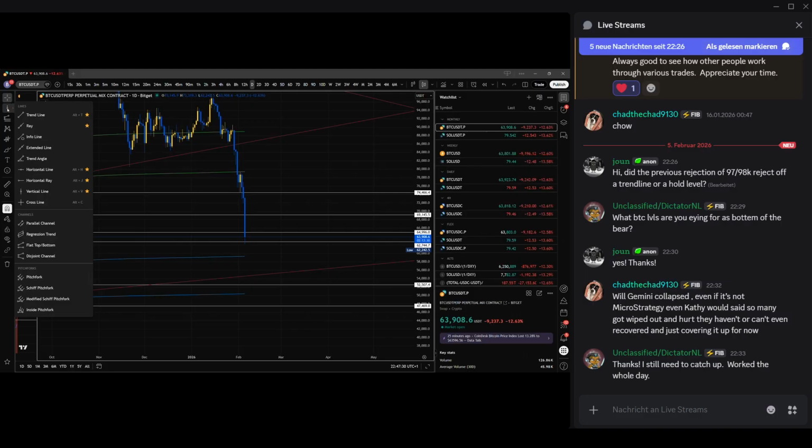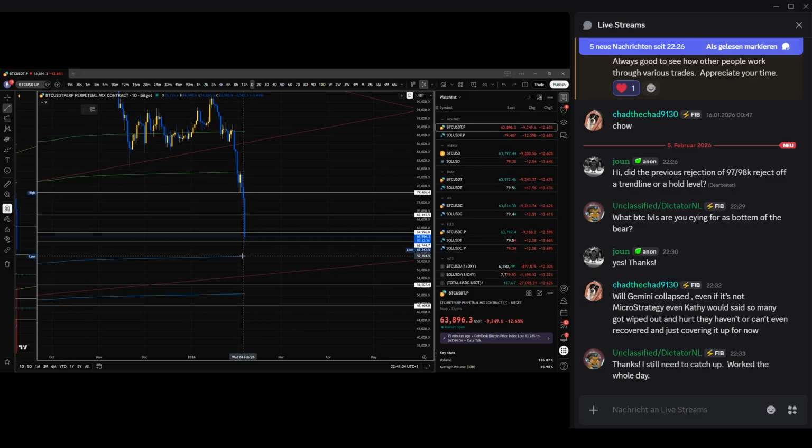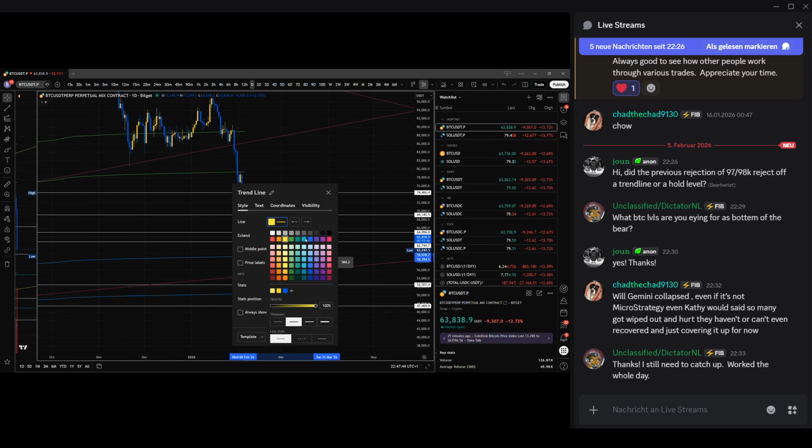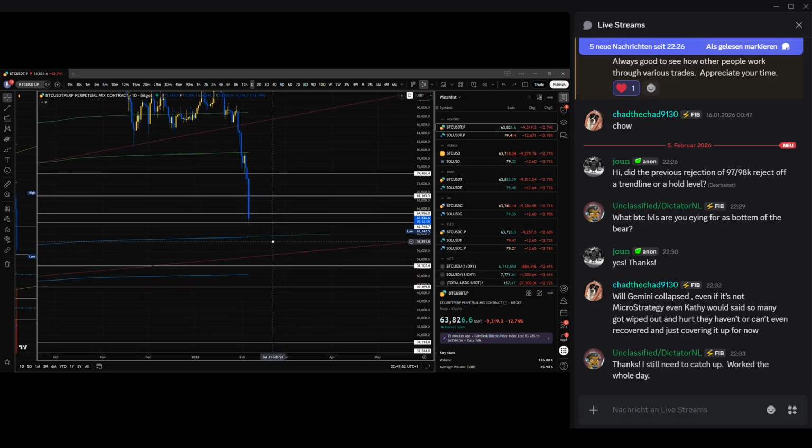So what I personally like to do is take just a very basic trend line, change the style, something that kind of matches the design or the color of this line, to extend this line.